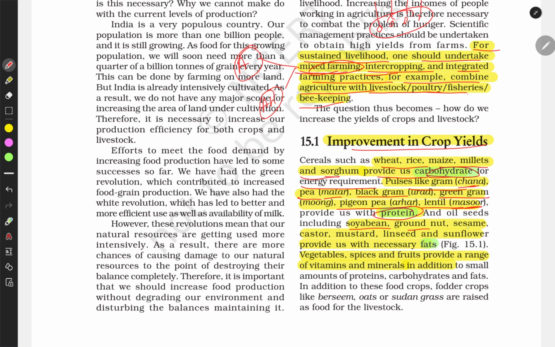And soybean, groundnuts, sesame, mustard, linseed and sunflower are the important sources of fat.